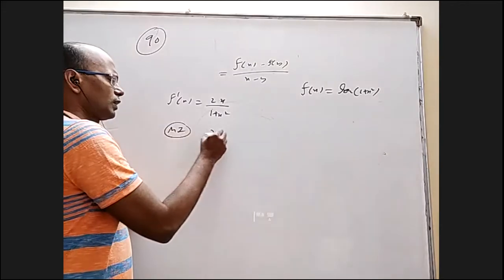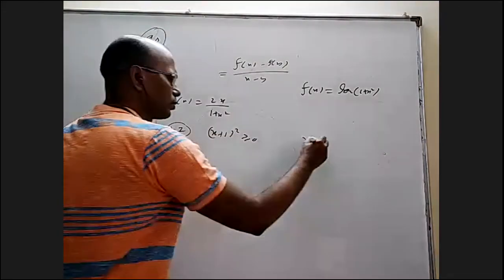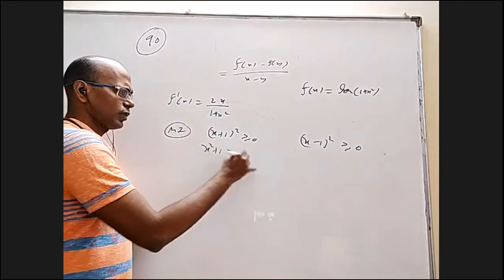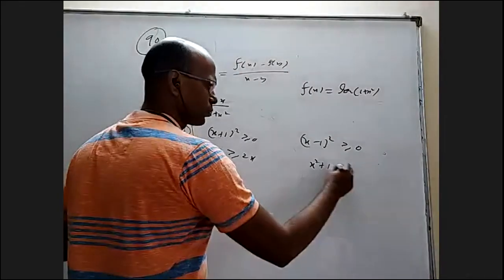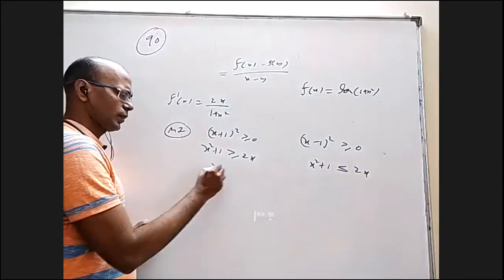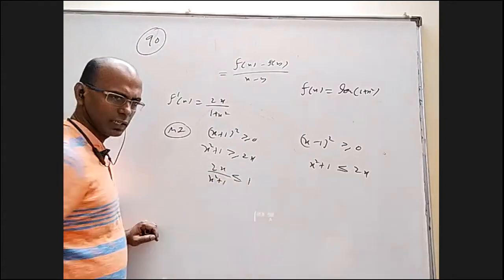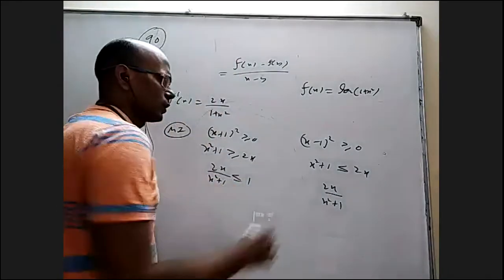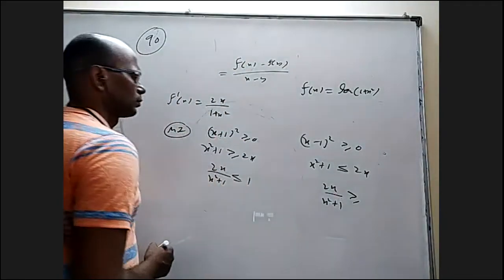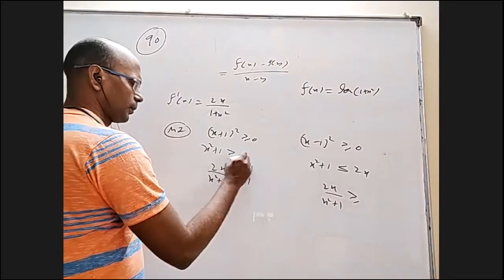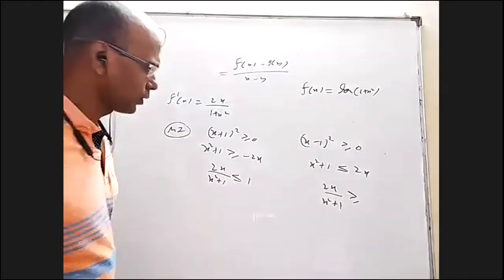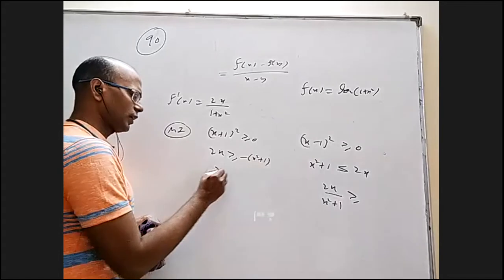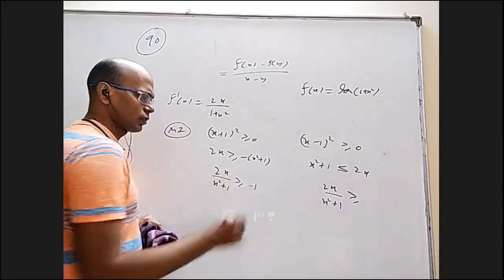One method is you take x plus 1 whole square greater than or equal to 0, and x minus 1 whole square greater than or equal to 0. When you expand this, you'll get x square plus 1 greater than or equal to minus 2x, and x square plus 1 greater than or equal to 2x. Dividing, you'll get 2x by x square plus 1 less than or equal to 1, and 2x by x square plus 1 greater than or equal to minus 1.